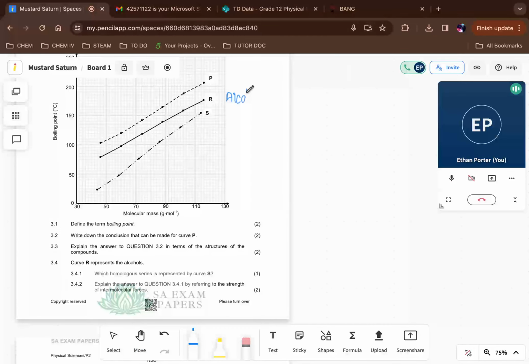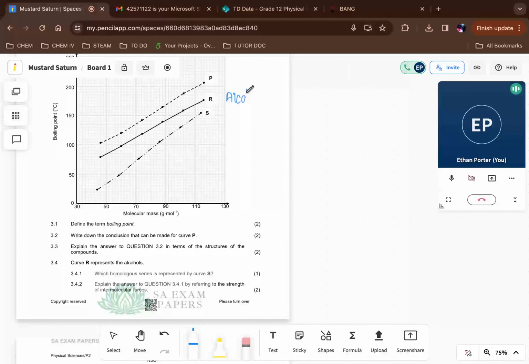So what we can see here is that carboxylic acids and alcohols have got this OH bond, which means they're capable of hydrogen bonding. But aldehydes aren't. The H is bonded to the carbon, not the oxygen. So aldehydes don't have hydrogen bonding, and hydrogen bonding is one of the strongest intermolecular forces.